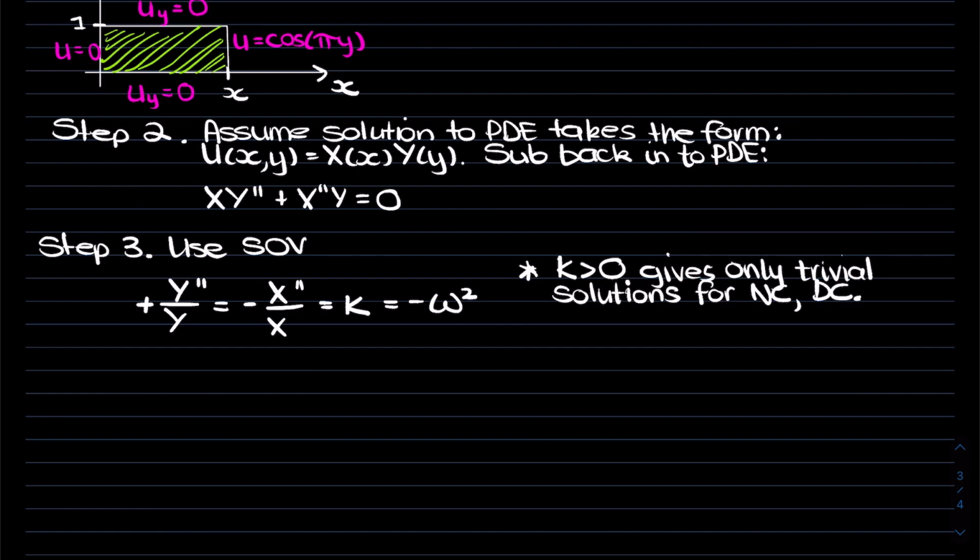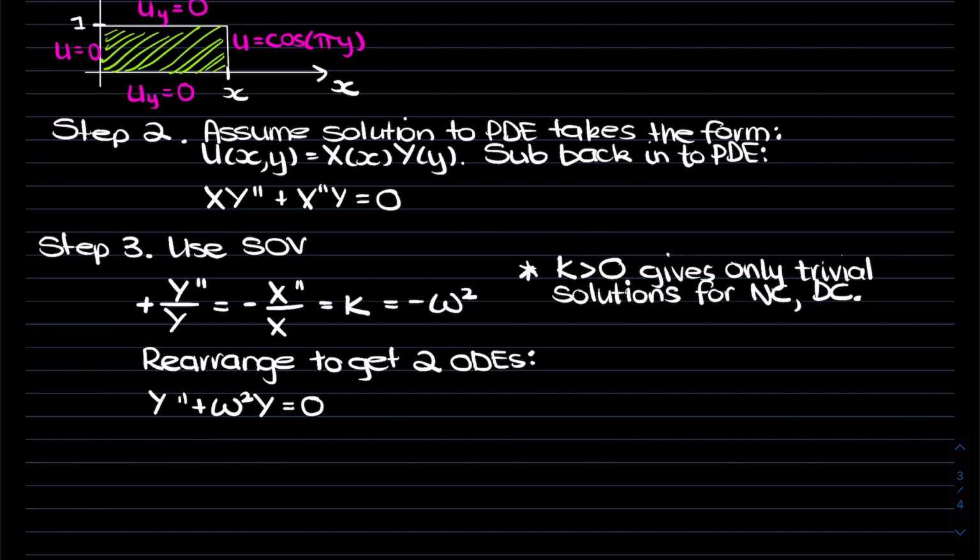Now if we rearrange this, we get two ordinary differential equations. So we get Y double prime plus lambda squared Y equals 0. And we also get X double prime minus lambda squared X equals 0.